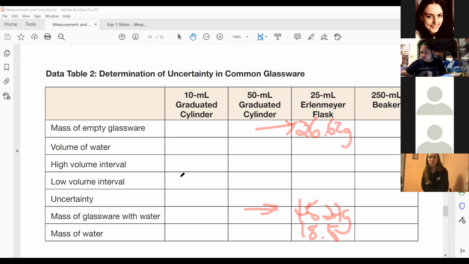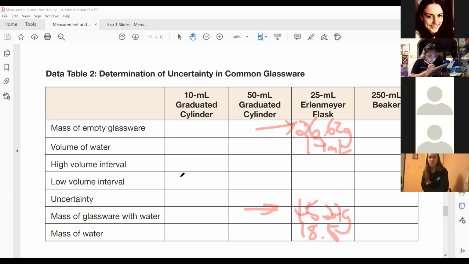That's the mass of my glassware with water. So the volume of water is 17. Row 2. Oh, the volume of water. Oh, I see. I understand now. All right.